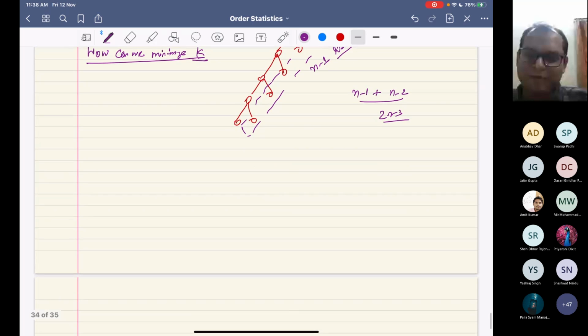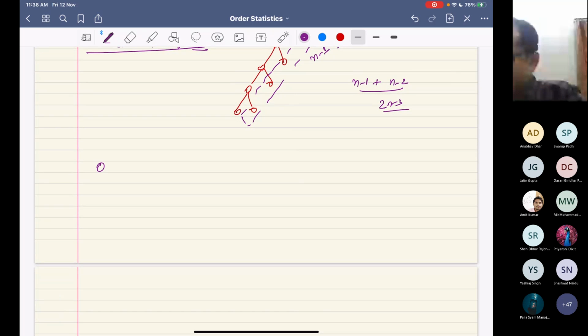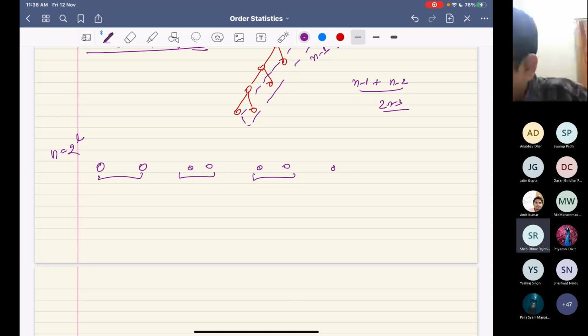So you follow the strategy that, suppose n is 2 to the power L. To make the visualization simple, you group them, one of them is the winner, and again you group them.